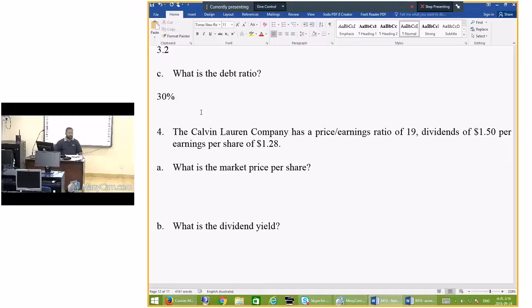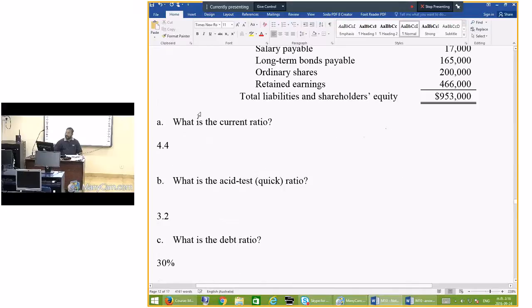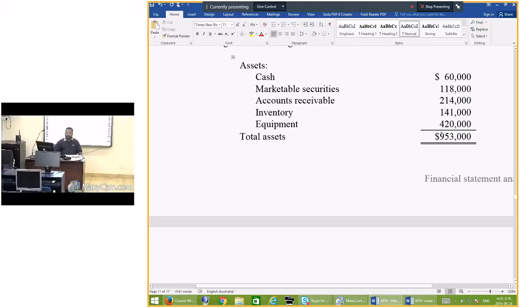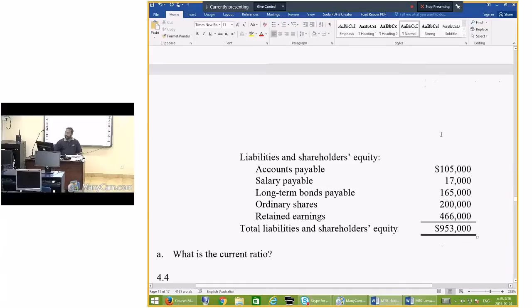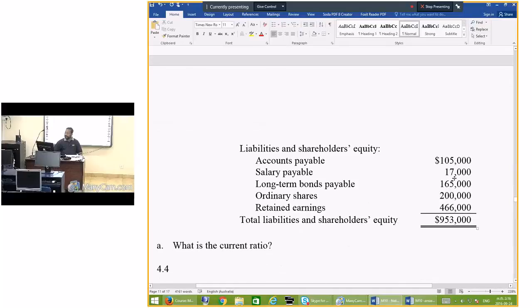But anyway, the total assets is 953, financed by these three, 105, 17 and 165. I put the percentage as a percentage into 100. 30%, or call that 1/3.